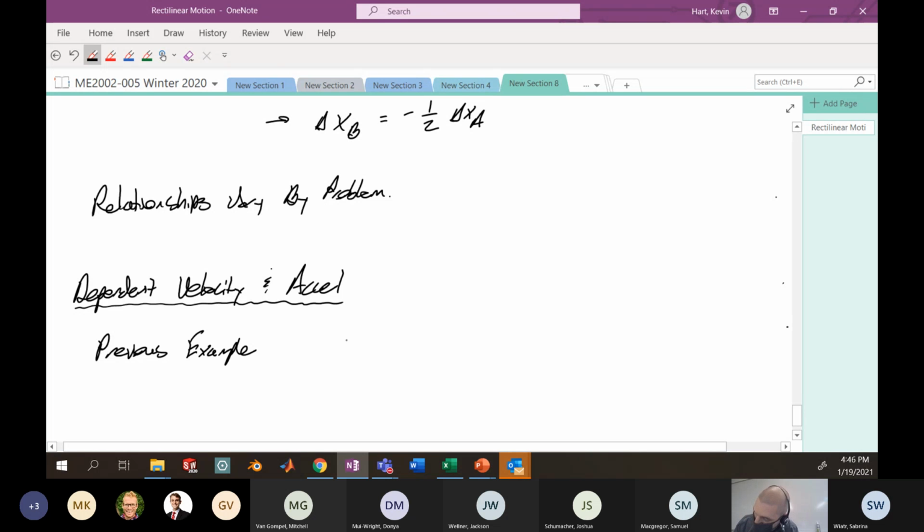You had the rope length, AG, is the position of A plus twice the position of B. It's your general relationship that has to hold because the length of the rope stays the same.